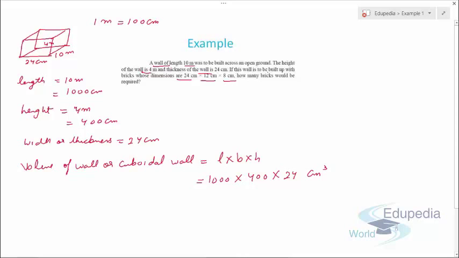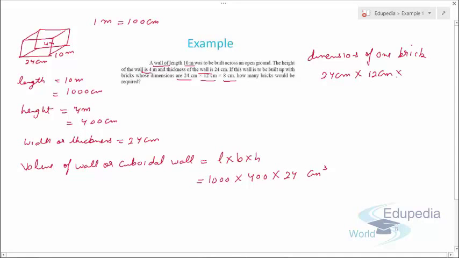Now this wall has to be built with the bricks whose dimensions are 24 centimeter, 12 centimeter, and 8 centimeter. Means dimensions of one brick is 24 centimeter by 12 centimeter by 8 centimeter, right?